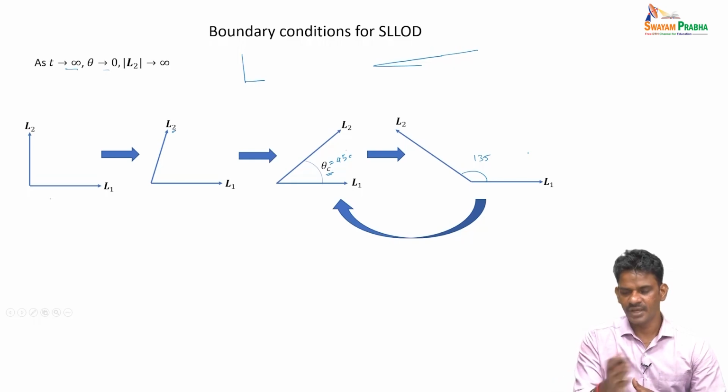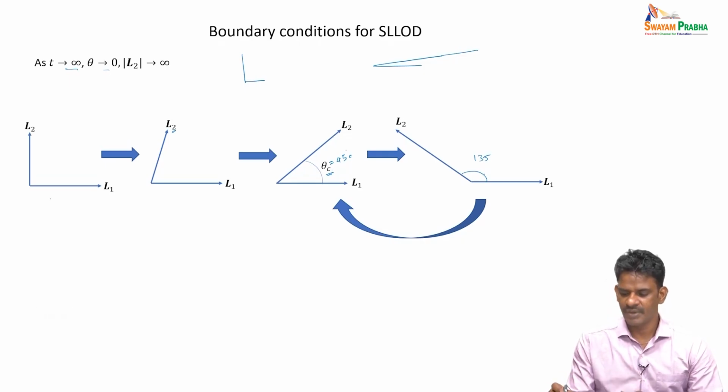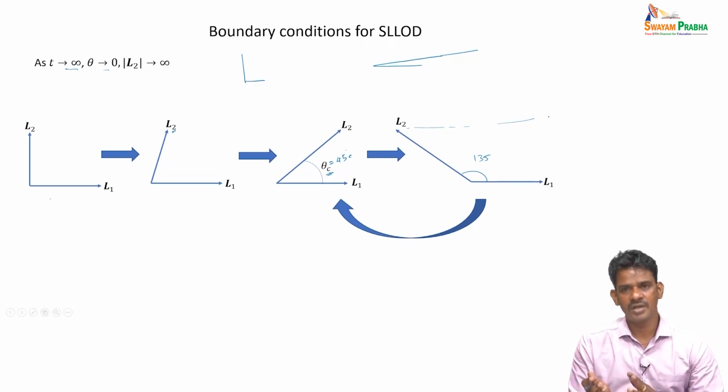You remap L2, the unit vector of the box, to the opposite side by shifting, and then continue to integrate again. The box will keep growing, and once you reach 45 you do this again. This is called box flipping.